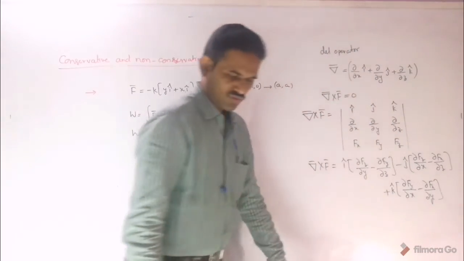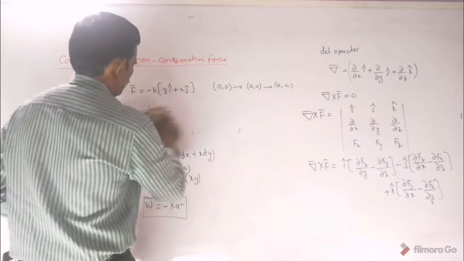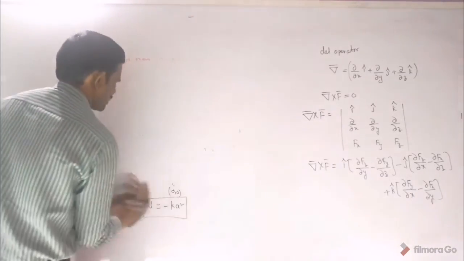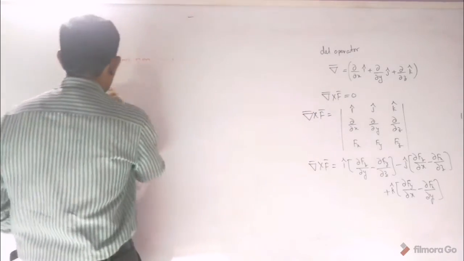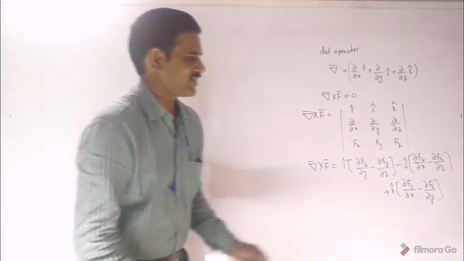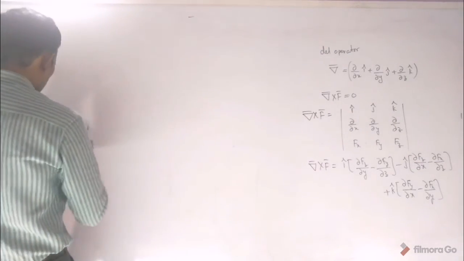Right, so this value is to be 0 for a conservative force. The force is to be conservative means this value is to be 0, so each component or each coefficient should be equal to 0. The i cap, j cap and k cap coefficients should be equal to 0.